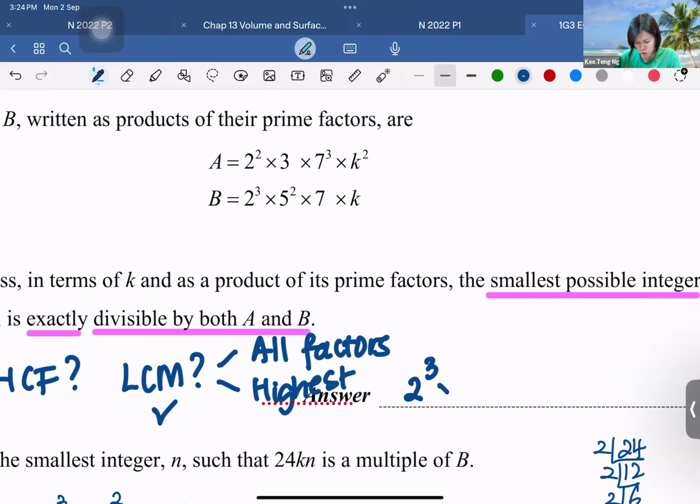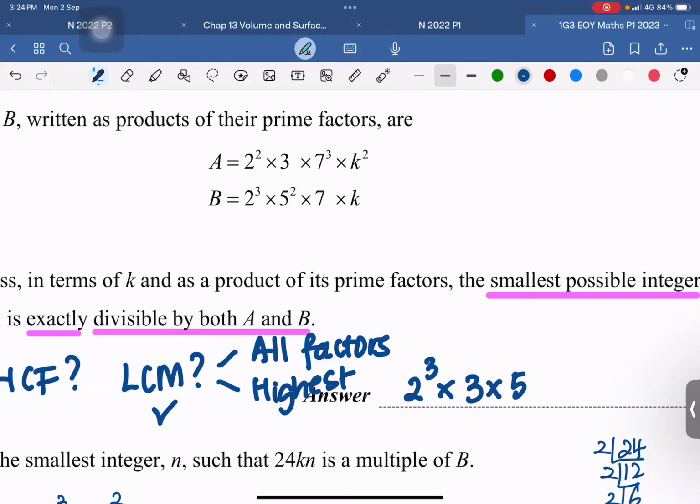What other factors do we need to choose? Olivia. 3. Any more? 5. 5 square.